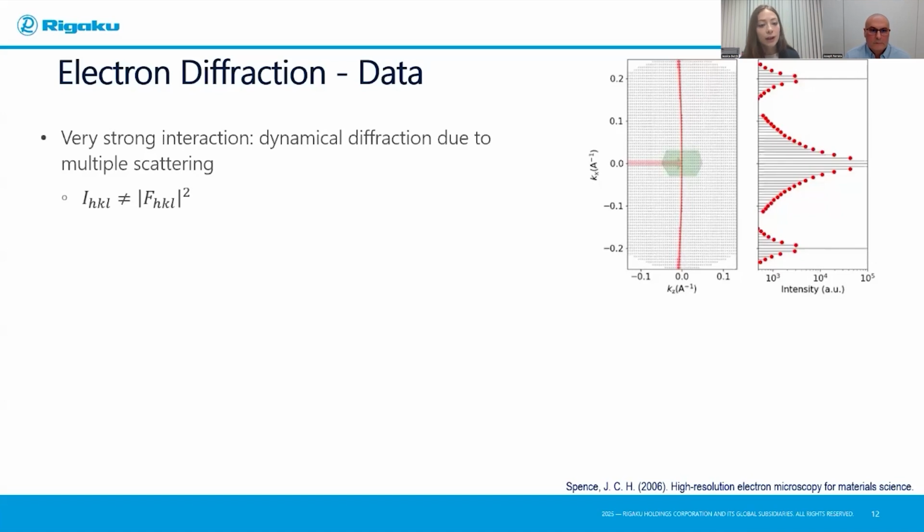And with dynamical diffraction, we start to lose this relationship between our intensities and the square of our structure factor, which is this so-called kinematical approximation that allows us to nicely solve crystal structures.